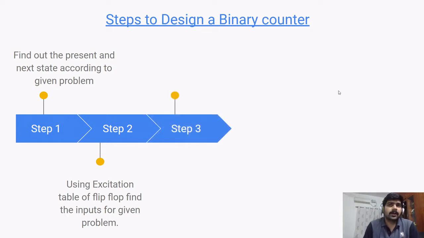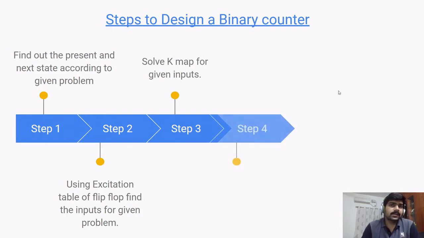Once you have written down the excitation table, you have to compare the present state and next state to the result with reference to our excitation table. The third step is that we have to solve the given inputs using K-maps with the present state variables. Lastly, we write down the circuit according to the calculated inputs.